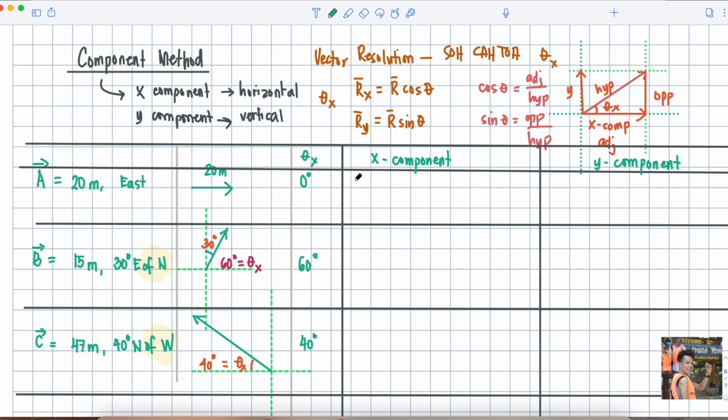So we have Ax is equal to A cosine theta, and that is equivalent to the magnitude of the vector, 20 meters, so 20 meters cosine 0. Cosine 0 is equal to 1, and 20 meters times 1 is equal to 20 meters.